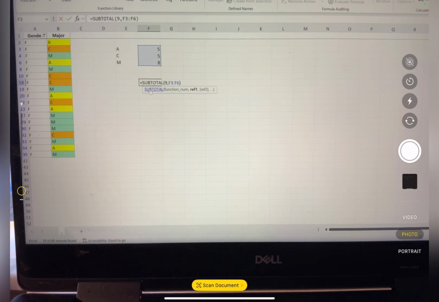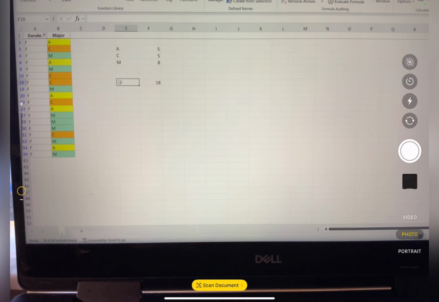Clicking enter and got 18. So all right, we have total 18.